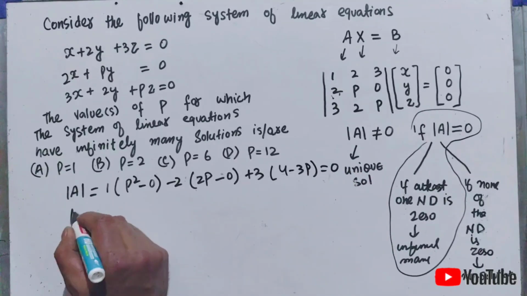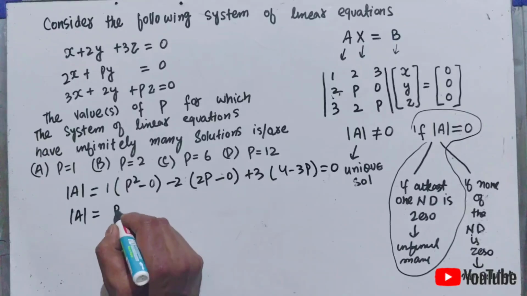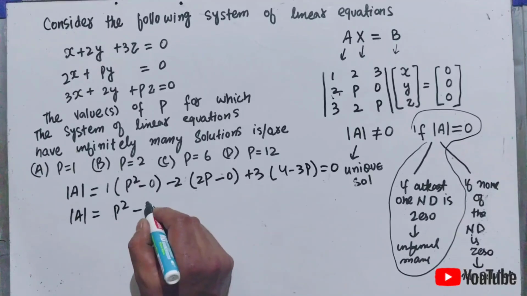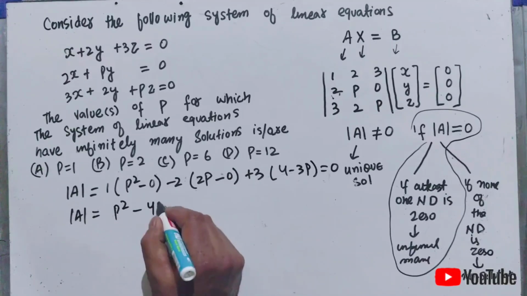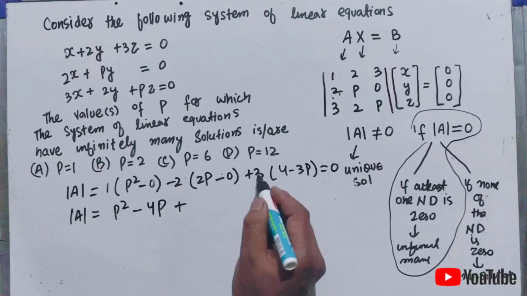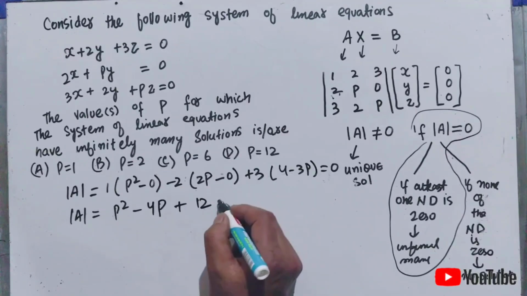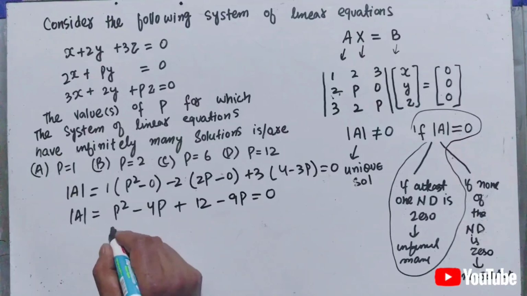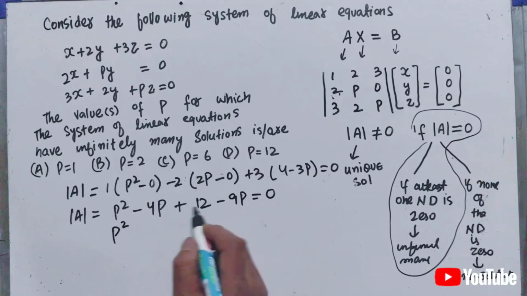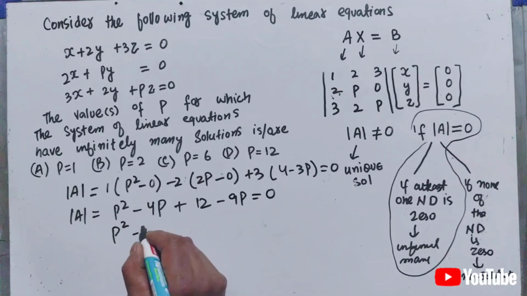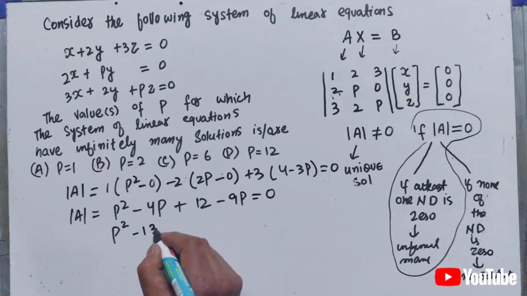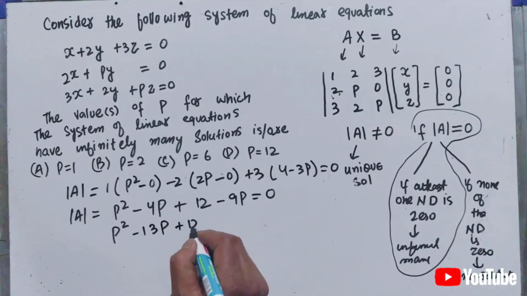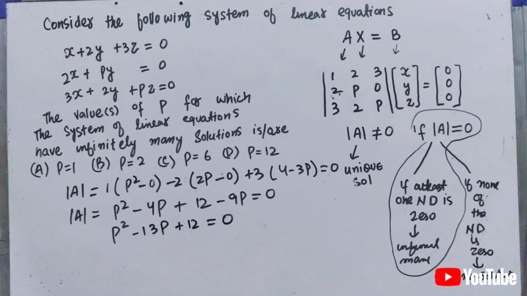So we get here determinant of A will be equal to p square minus 2 into 2 is minus 4p. Then we have plus 3 4s are 12 minus 9p should be equal to 0. So p square, so 9 and 4, it is minus 13p plus 12 should be equal to 0. Factor this out.